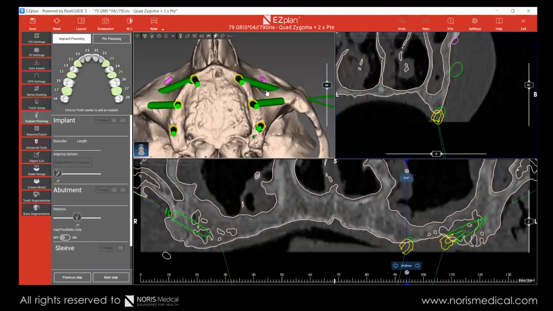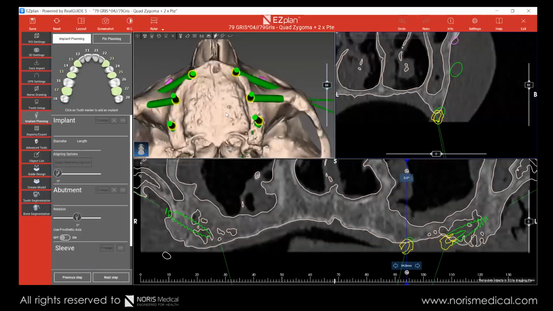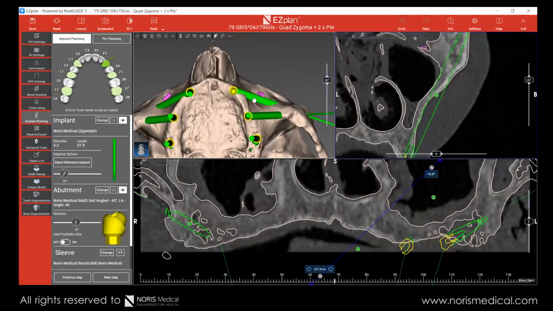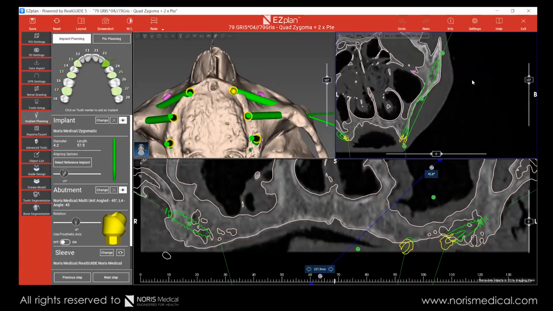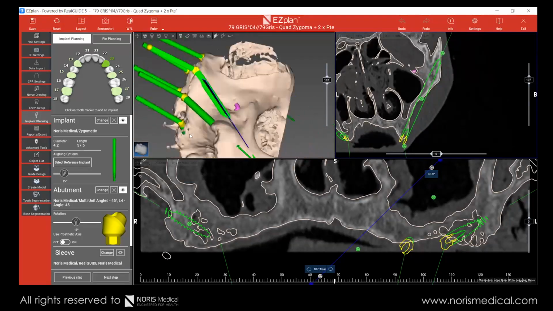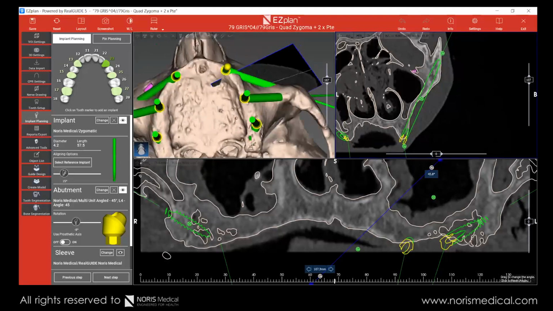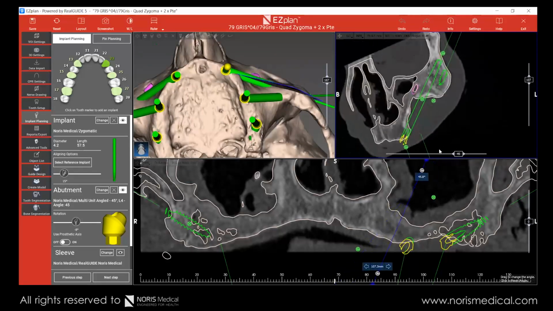Let's look how the angles are actually. Okay, if I look at the anterior implant, what we see here. If I put a view here, yeah, I have a view. I can look at the view here, and when I rotate here, I can see the section rotated.